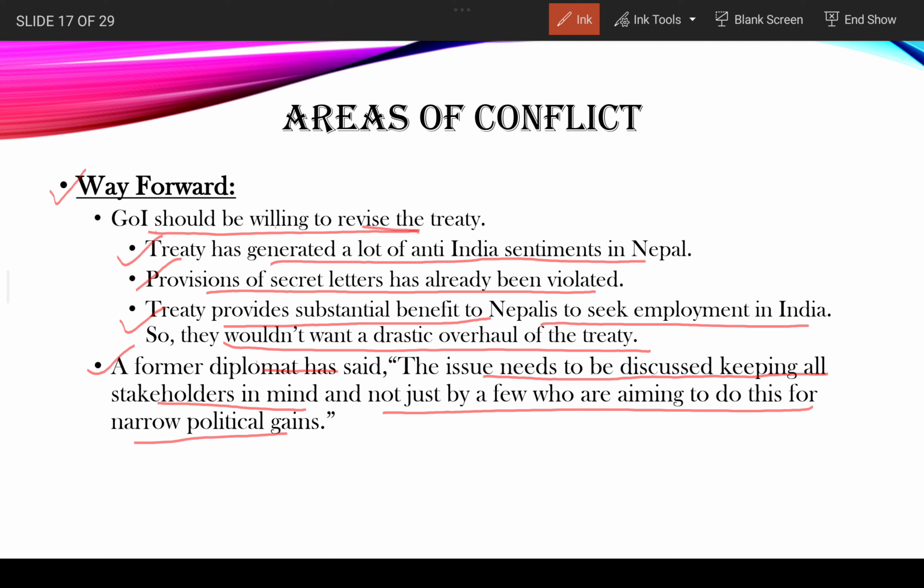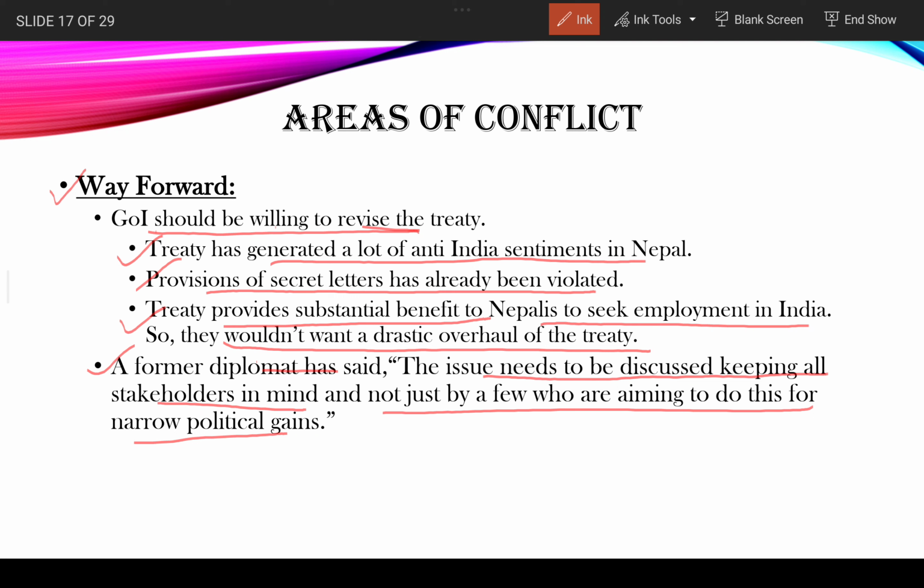Okay, so the first one is Kalapani, which India considers to be part of Uttarakhand. In this yellow portion on the map of India, Nepal and China, at the confluence of these three countries, is this triangular region.